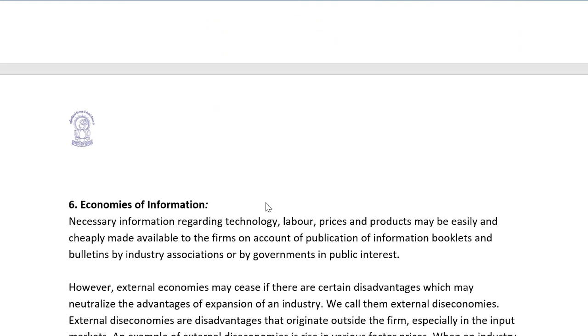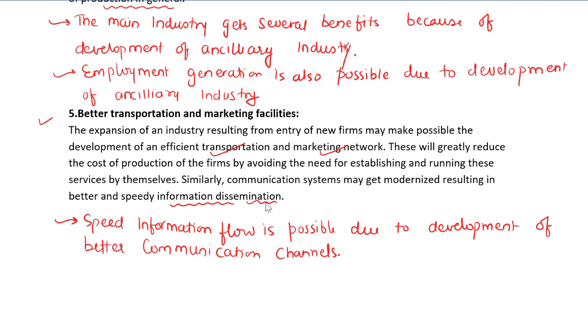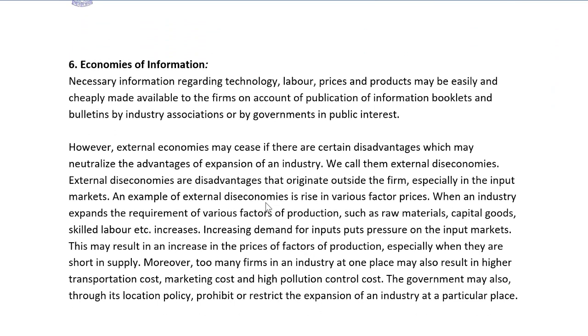Okay, let's continue. Economies of information.